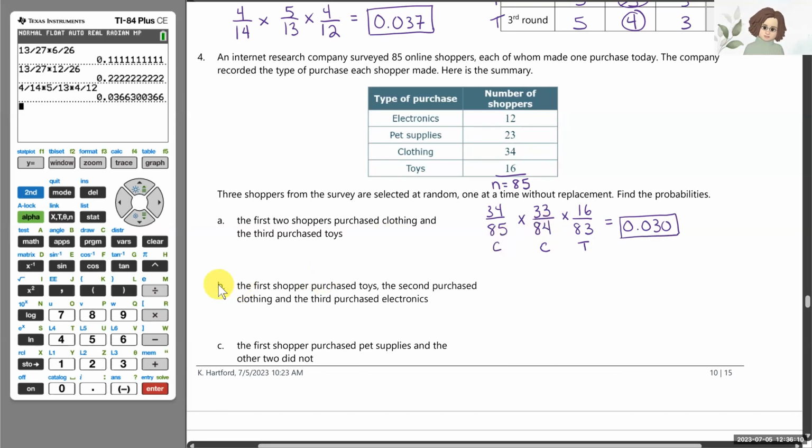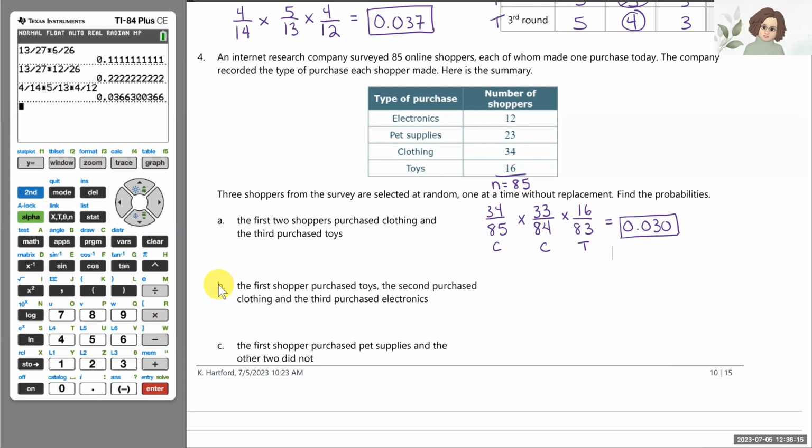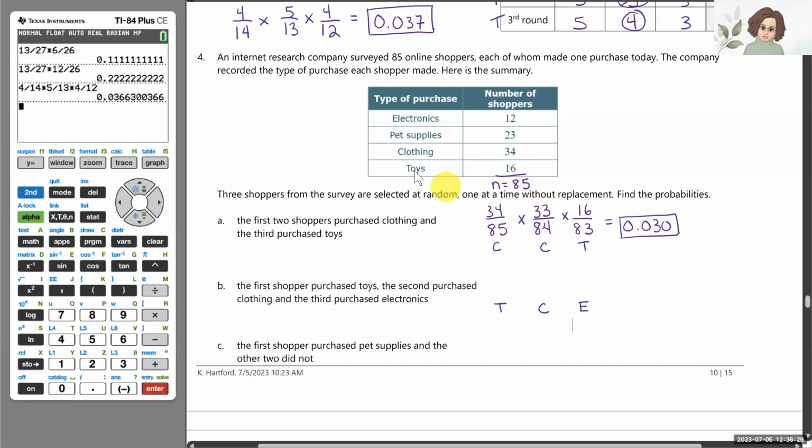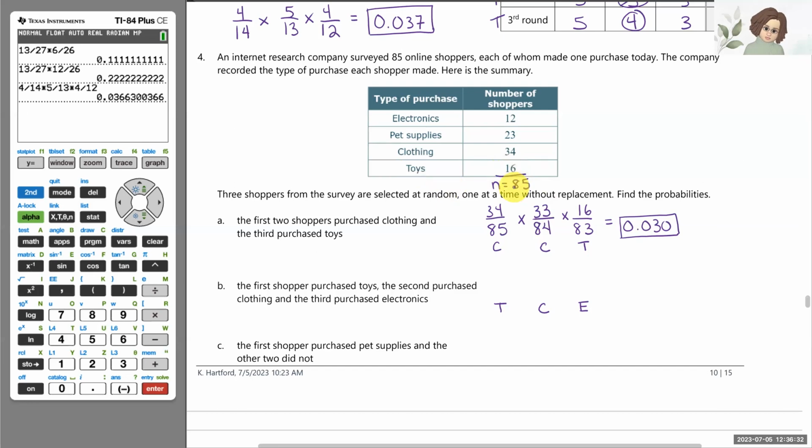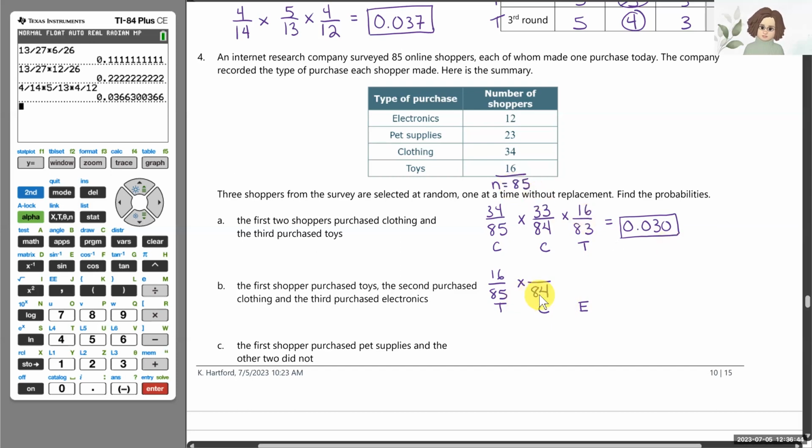All right, so B. The first shopper purchased toys, the second purchased clothing, the third purchased electronics. So now I'm looking for toys first, clothing next, followed by electronics. So we start at the beginning here, toy, 16 out of 85. And then we pick that person out of the mix. Sometimes I do my denominator next. There would only be 84 people left.